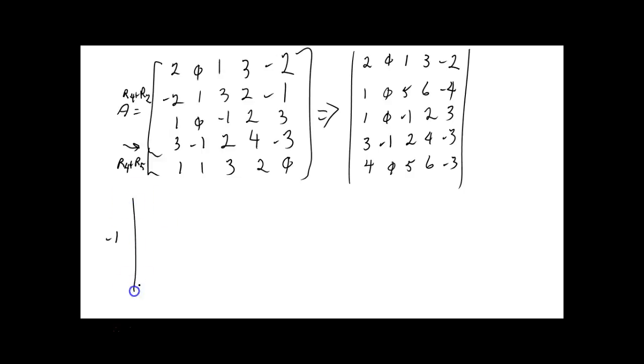Now let me see if I can get this other one written correctly. 2, 1, 3, negative 2. 1, 5, 6, negative 4. 1 minus 1, 2, 3. And 4, 5, 6, negative 3.